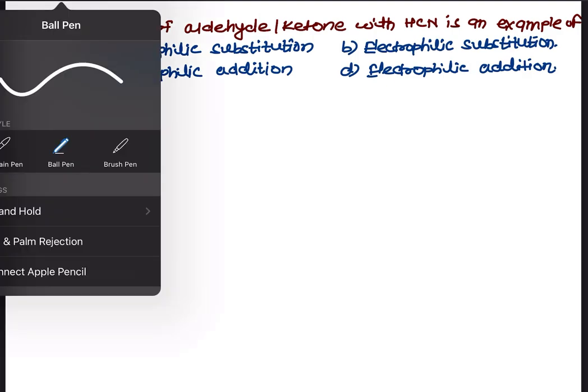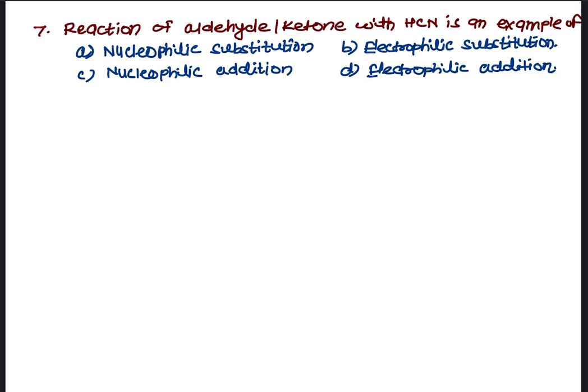Next, a reaction of aldehyde or ketone with HCN is an example of. You can take aldehyde or ketone, HCN, acidic medium, H plus CN minus.